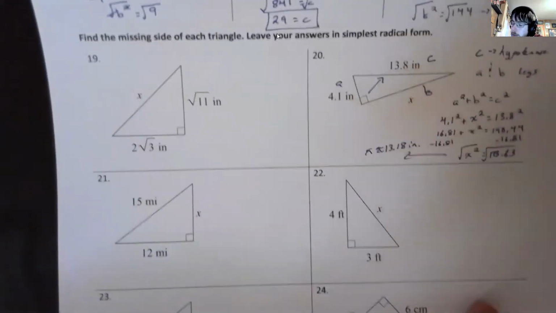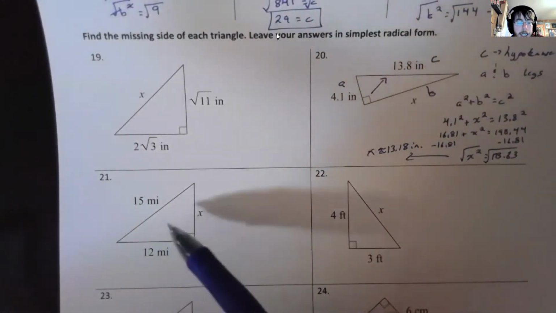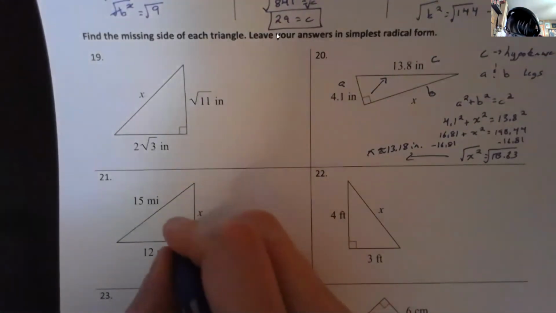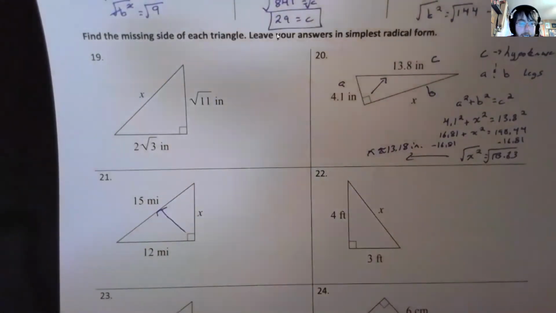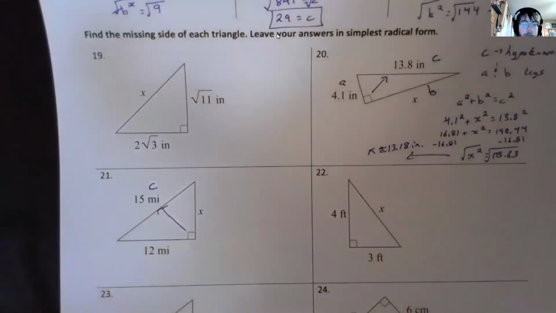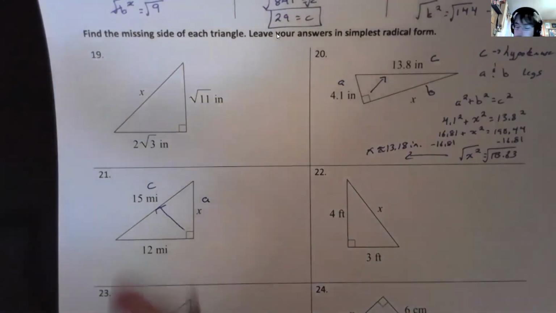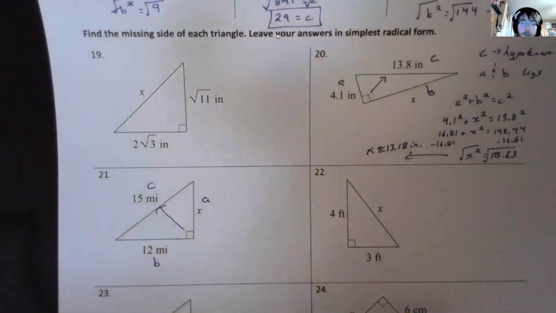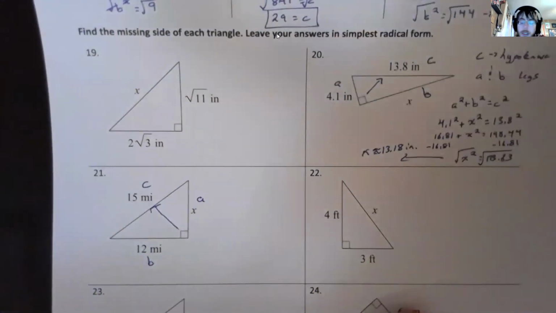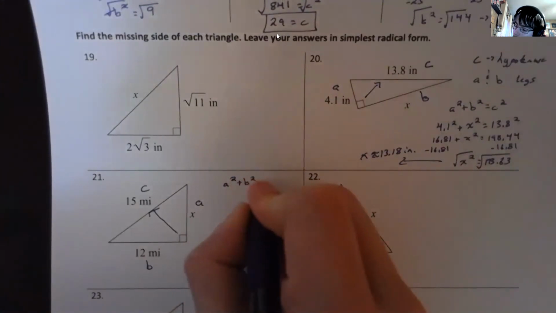All right, so let's look at number 21. In 21, we have a hypotenuse because the side opposite from the right angle is 15, so that's our C value. And then I'm going to label X as A, and 12 will be our B value. So we're going to solve for X, so A squared plus B squared equals C squared.